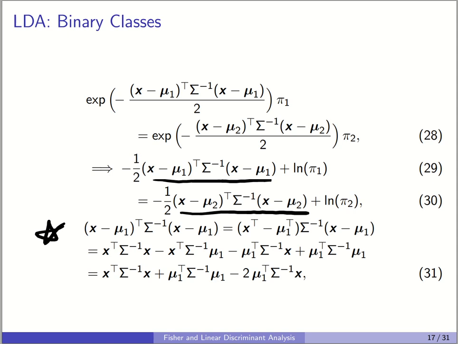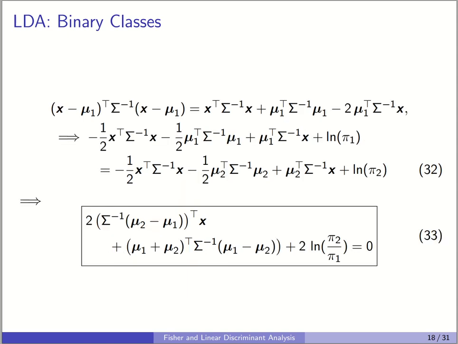And then you can see that these two terms are both scalars, so I can replace x transpose sigma inverse mu 1 by mu 1 transpose sigma inverse x, and I add them together. Well, I will have this. So we found this in the previous slide.